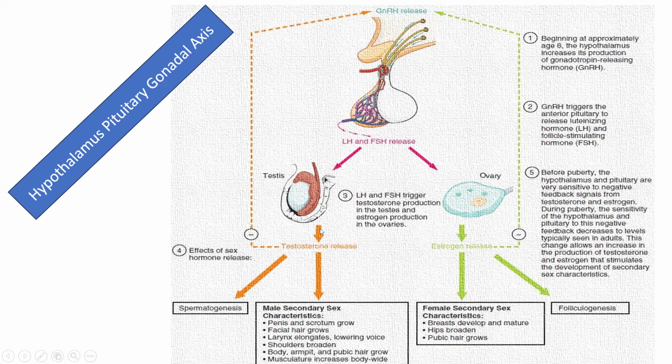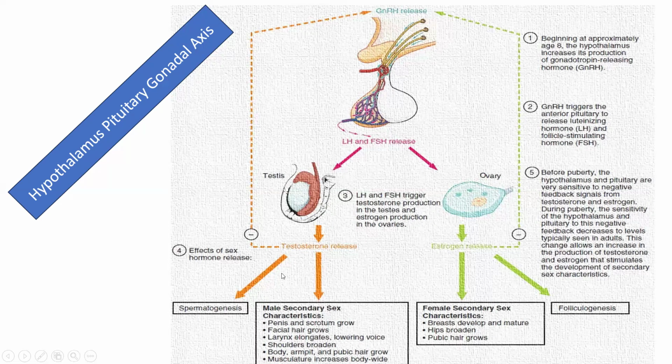Likewise, if testosterone is released, it is responsible for spermatogenesis, and the male secondary sex characters are developed because of testosterone, including penis and scrotum growth, facial hair growth, elongation of the larynx lowering the voice, broadening of shoulders, body, armpit and pubic hair growth, and increased musculature and body weight.